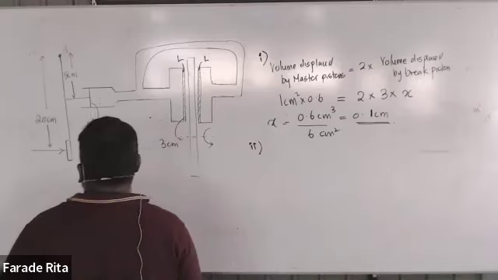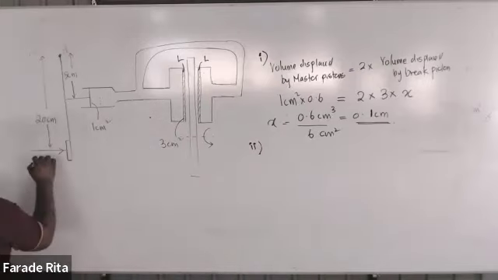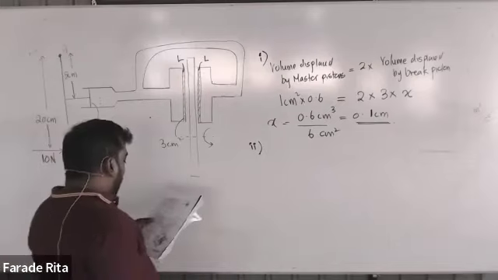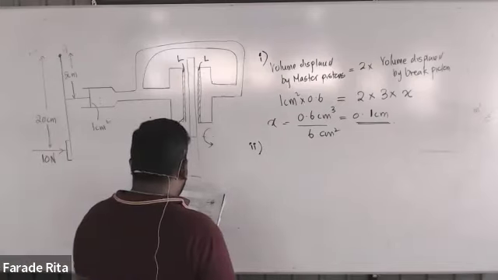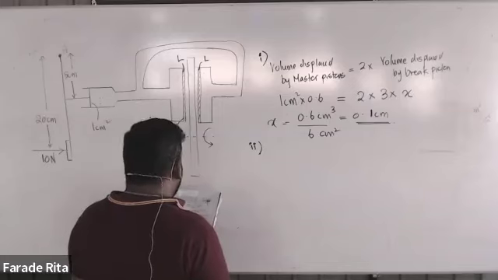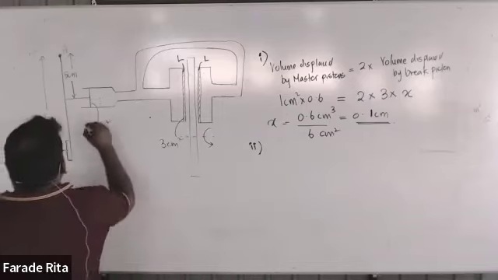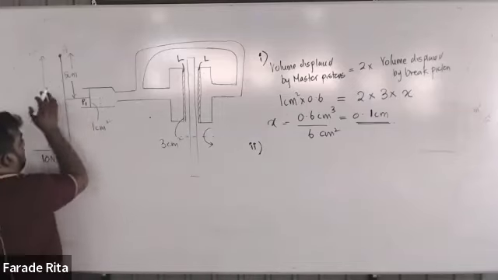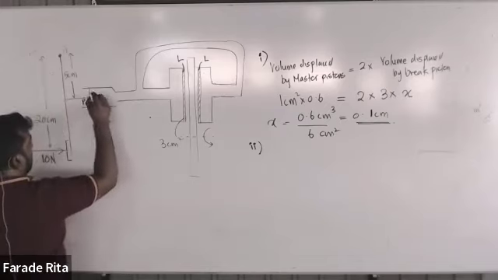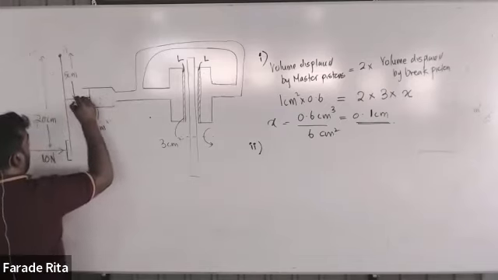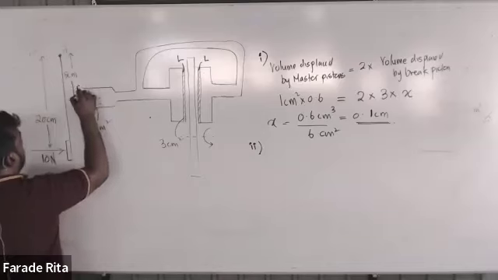Part 2. F is equal to 10 Newton. What is the applied force on piston P1? How do you find the force? When I move this here, the piston is pushing the liquid. Liquid is pushing the piston in the opposite direction.